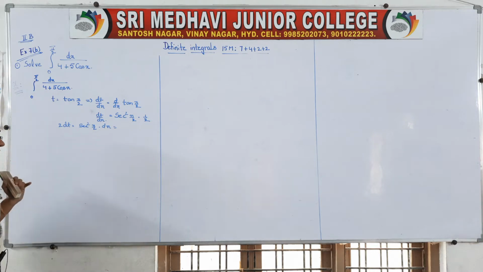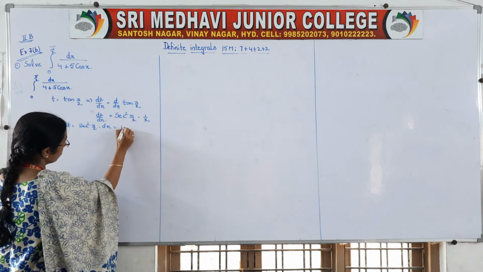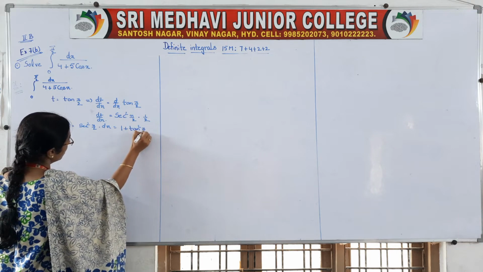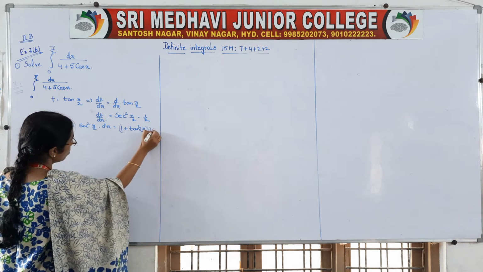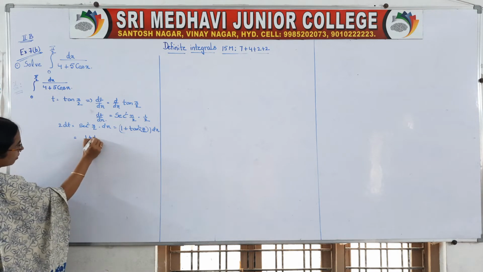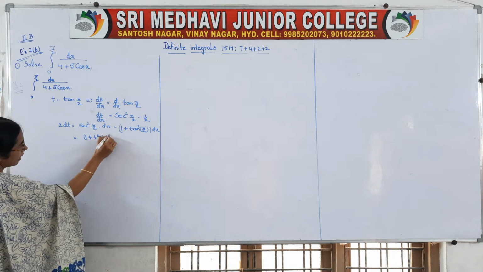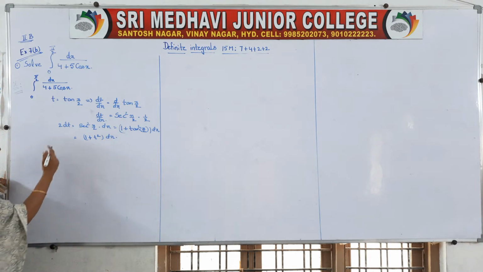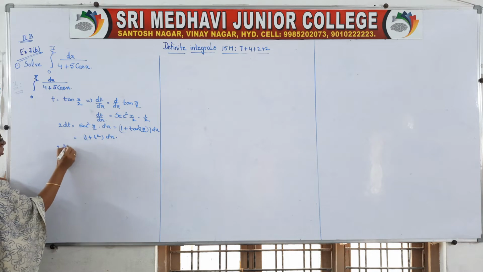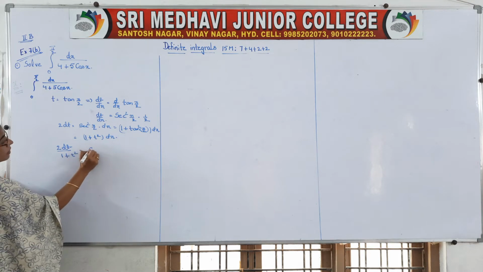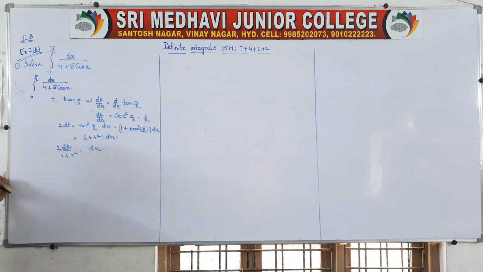Secant square x by 2 can be written by trigonometry as 1 plus tan square x by 2, so it is 1 plus t square dx. Bring the 1 plus t square to this side: 2 dt by 1 plus t square is equal to dx.